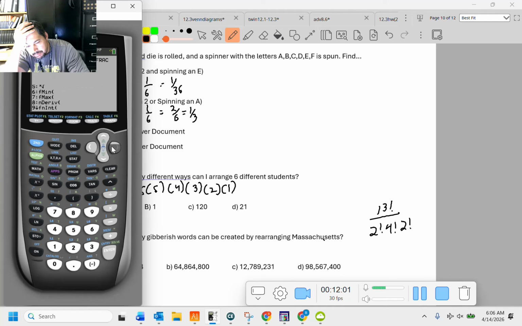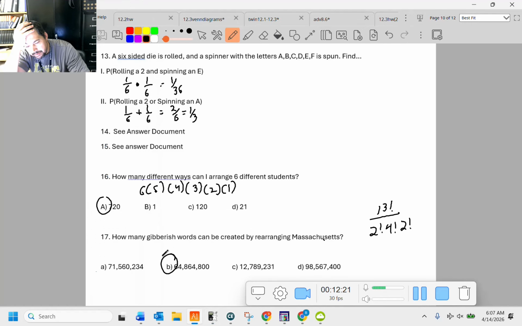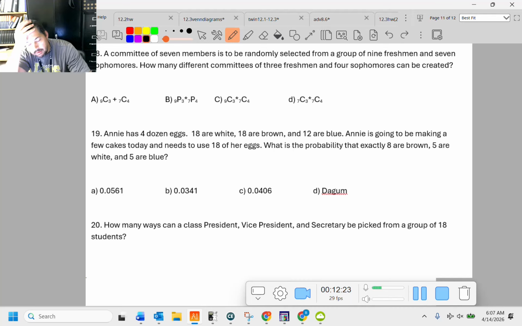Order doesn't really matter, but I wrote it 2 factorial, 4 factorial, 2 factorial. So 64,864,800.